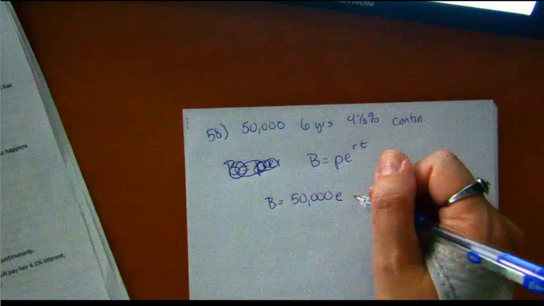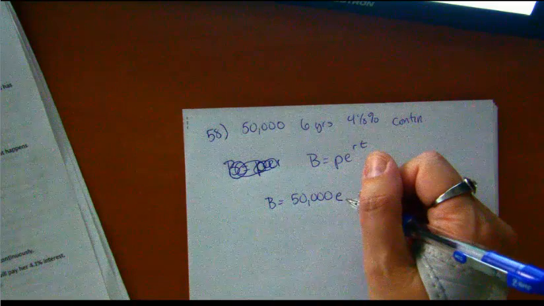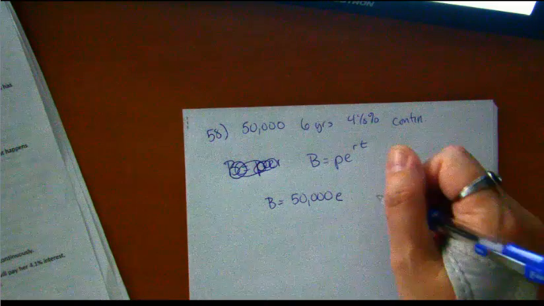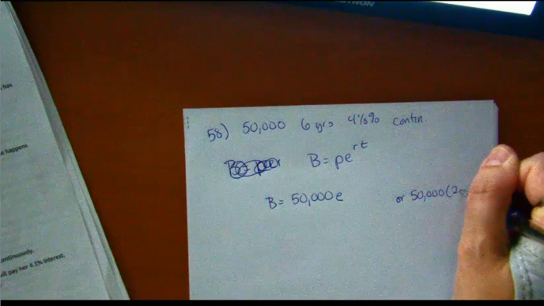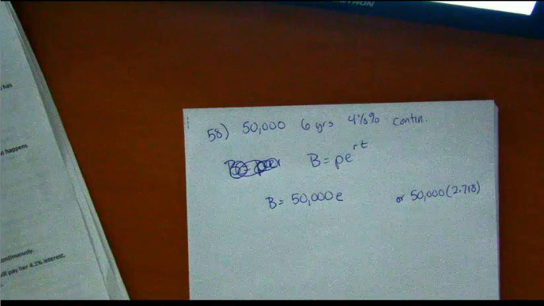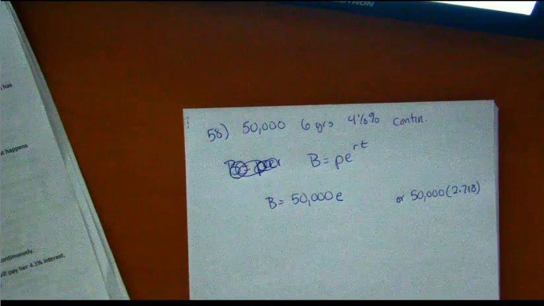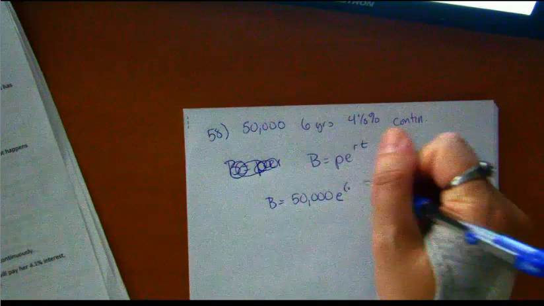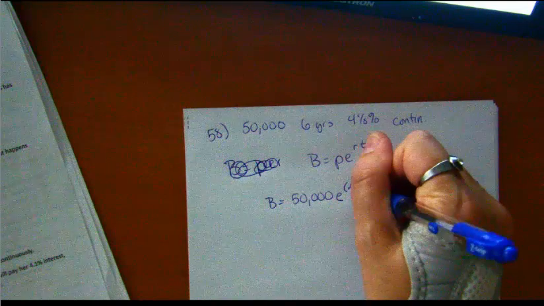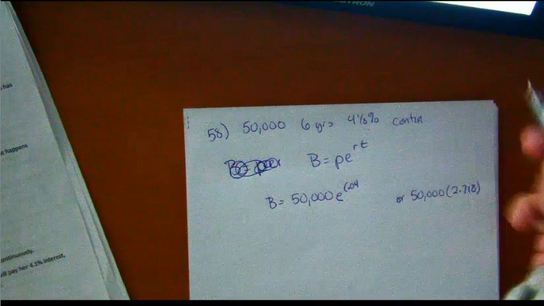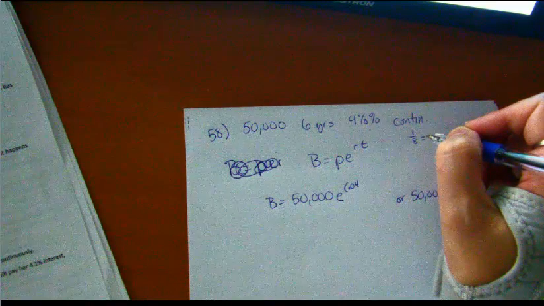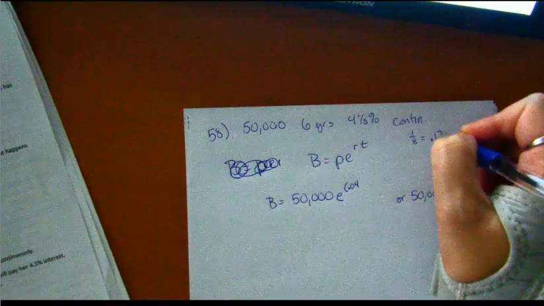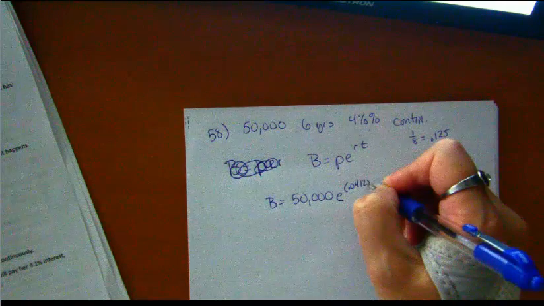E is a calculator button, or you can round it 2.718. Our rate is 0.04. Okay, so I'm going to do 1 divided by 8, and that's 0.125, and t is 6.